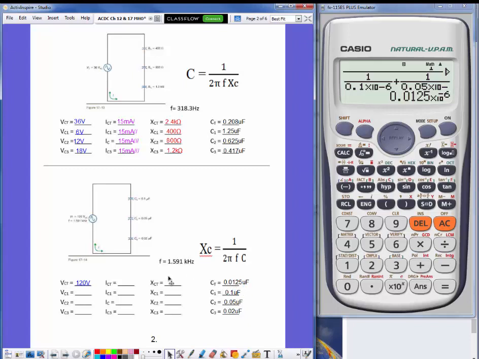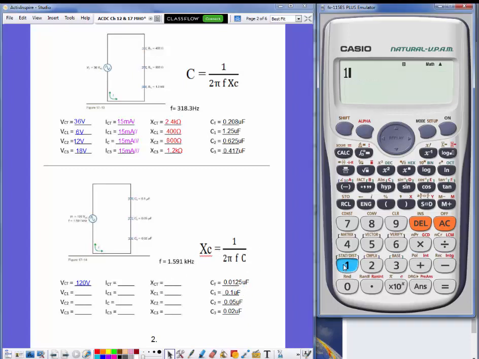Now that I have my total capacitance, I can find my total capacitive reactance with this formula: 1 over under 2 shift pi times my frequency, 1.591 times 10 to the third, times my capacitance.